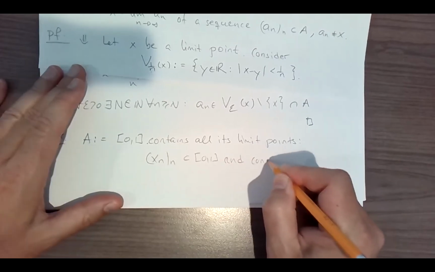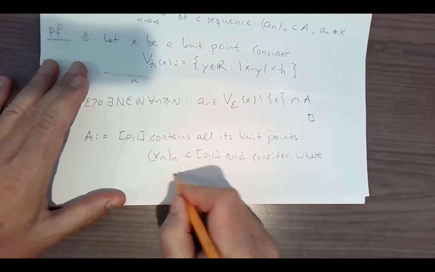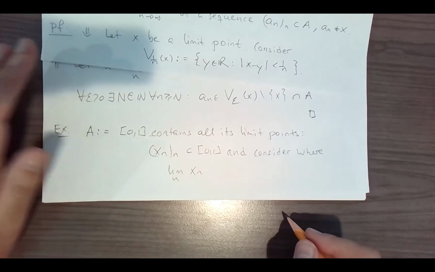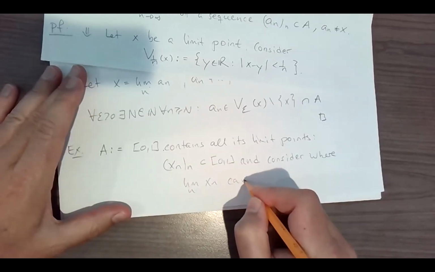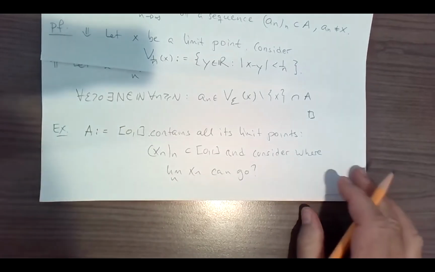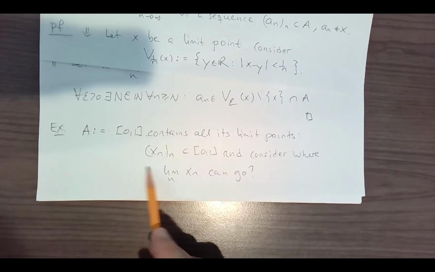And consider where the limit can go. Where can sequences inside the closed interval 0 to 1 converge to?